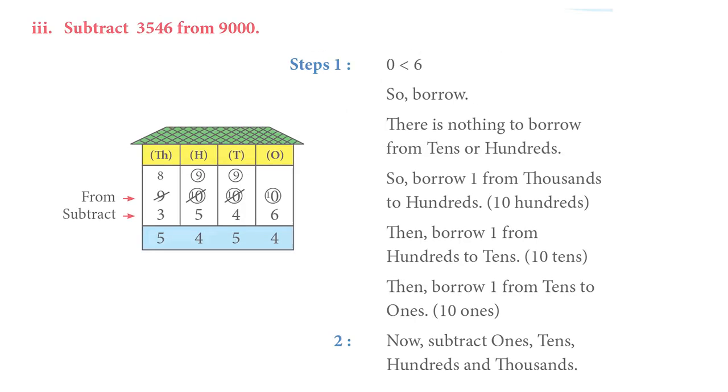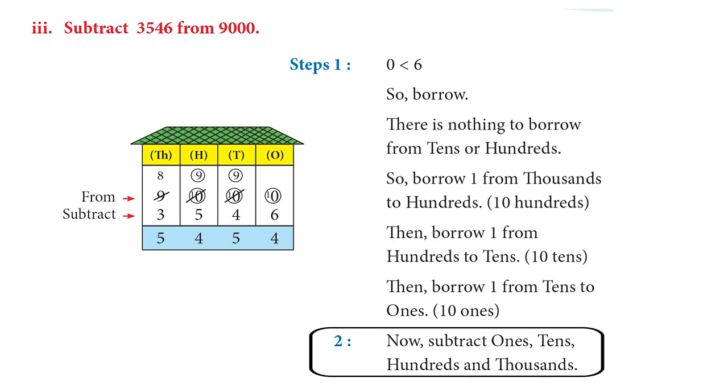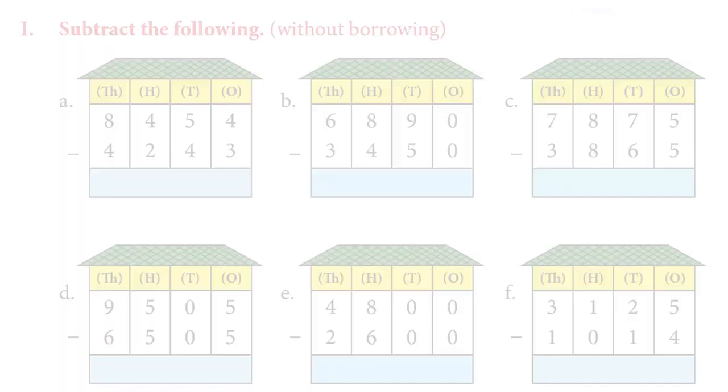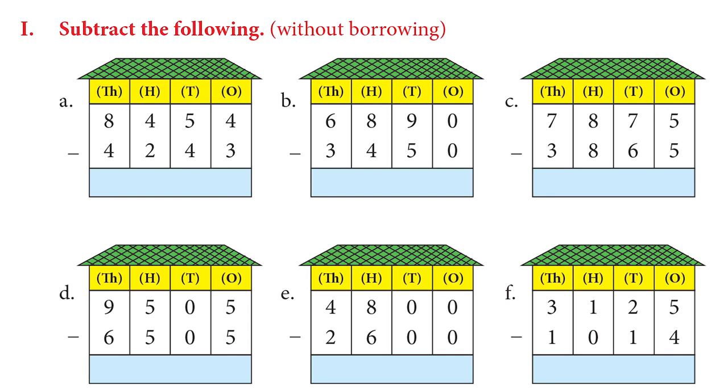Now if you look at page number 88, first it says subtract the ones, then the tens, then the hundreds, and then the thousands. That is the rule to follow in subtraction. Alright, so page number 90, example 8454 and 4243.